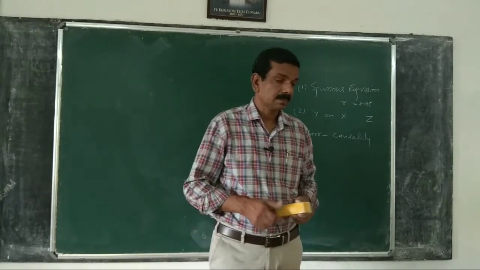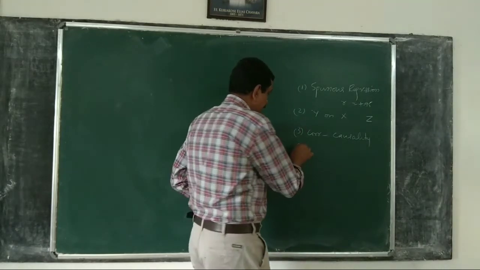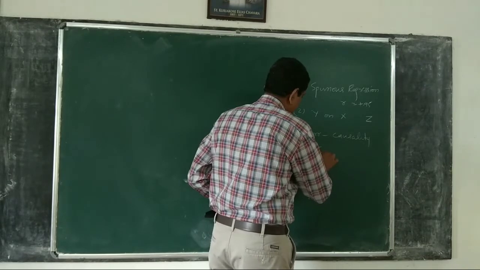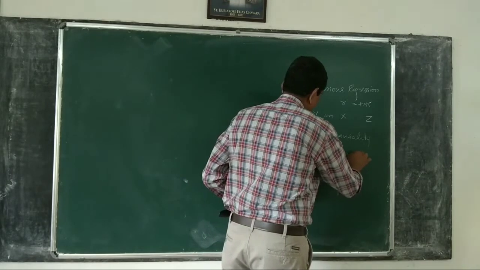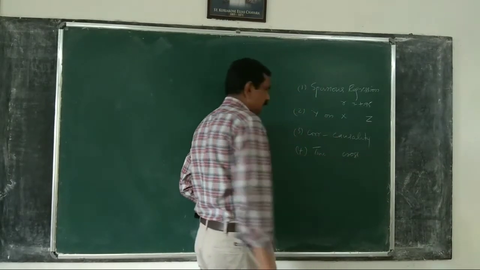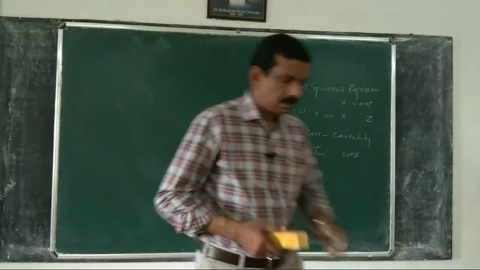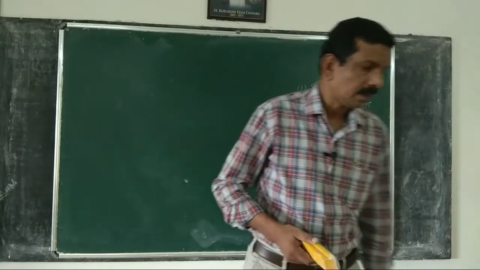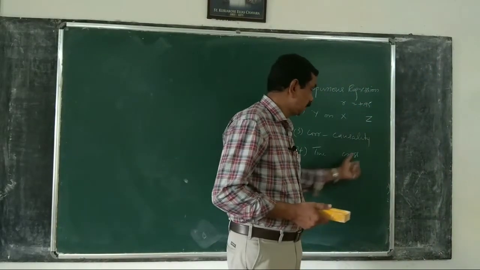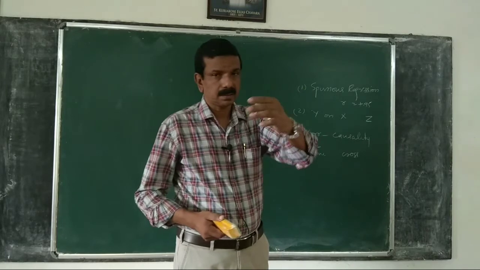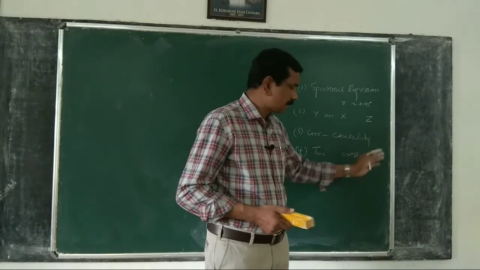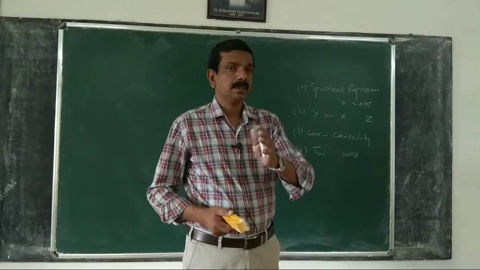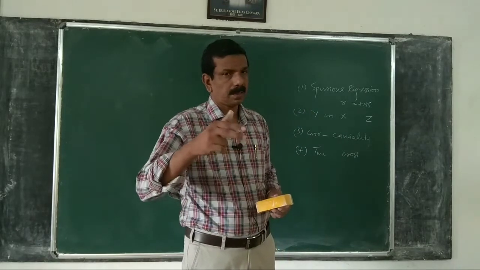Then, a distinction is always made between time series and cross-section data. In time series data, as the same homogeneous unit is sampled again and again, the value of R square will be very high. Whereas in cross-section data, as the units are heterogeneous, R square will be comparatively low.